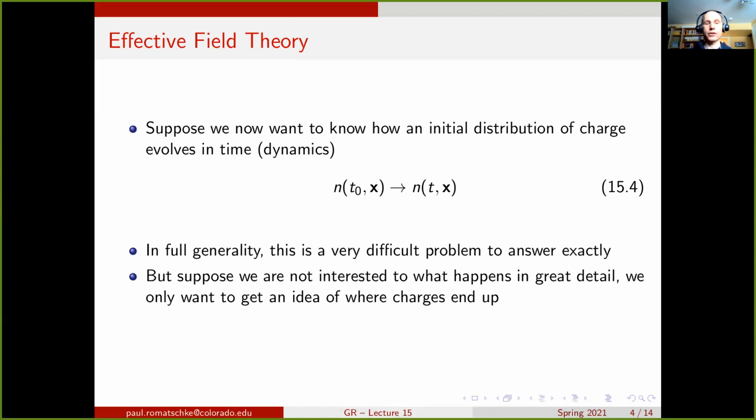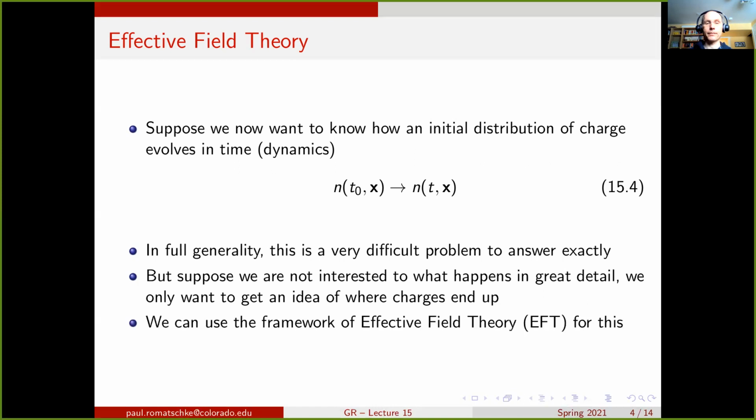So we want to know where the charges end up. In order to get this, we first have to find an equation that lets us describe the time evolution of the charge density. And in order to get that equation, we will use the framework of effective field theory.